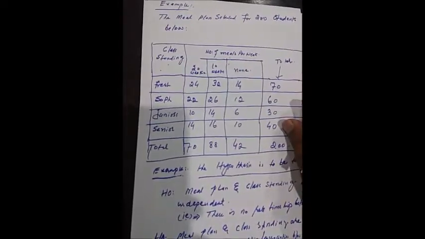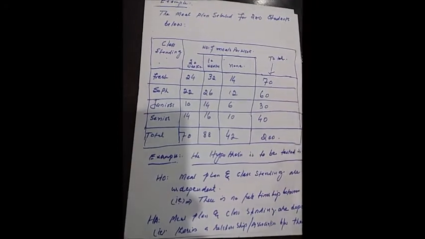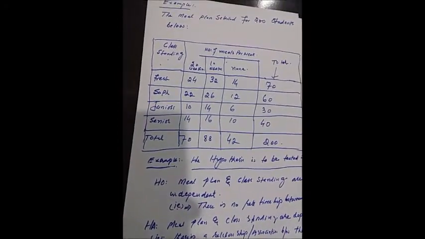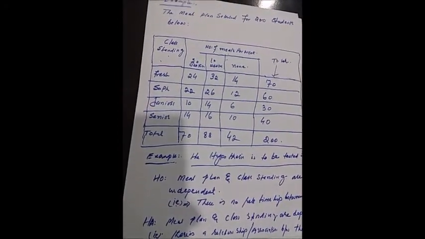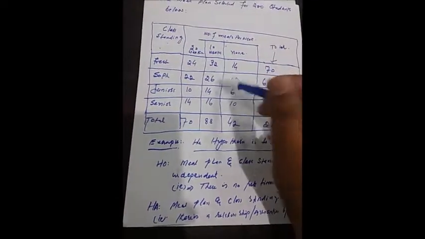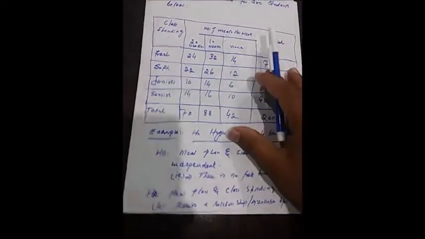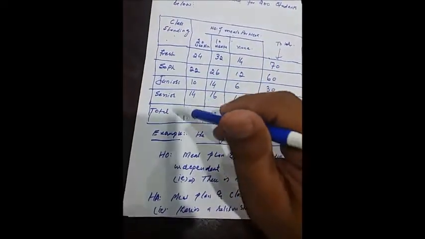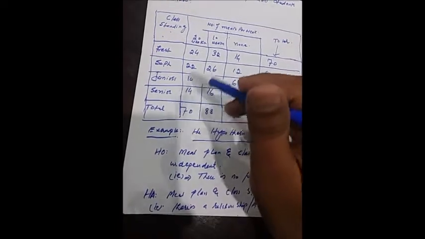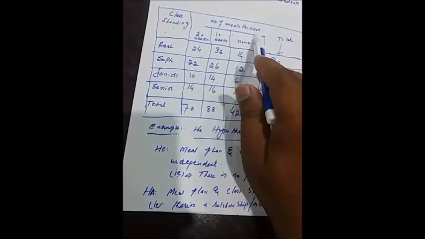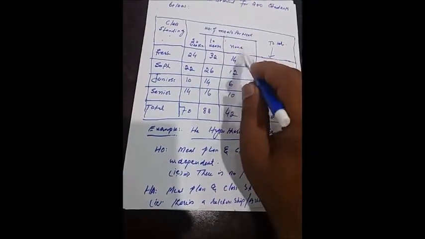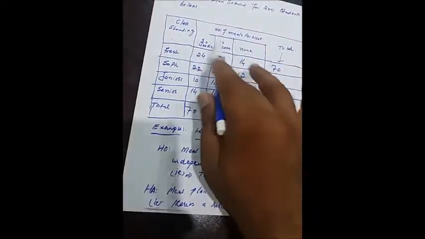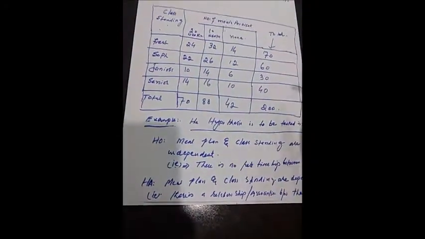In the previous lecture we had the example regarding the meal plan selected for 200 students in the table below. We have freshmen, sophomores, juniors and seniors, testing class standing and number of meals per week to check the relationship between these two categorical variables.